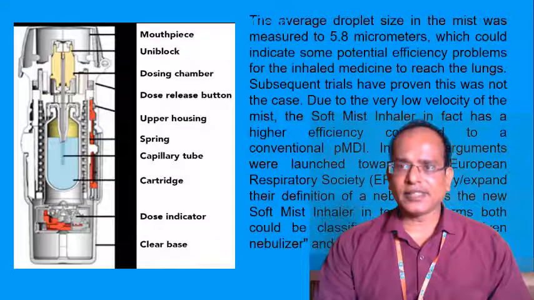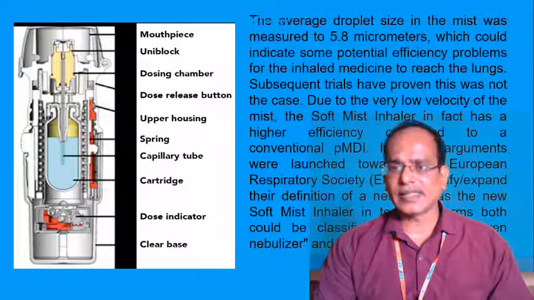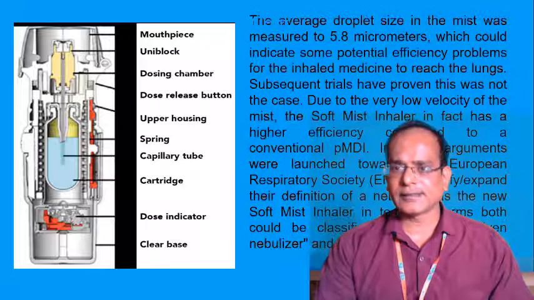So the average droplet size in the mist was measured around 5.8 micrometers, which could indicate some potential efficiency problems for the inhaled medicine to reach the lungs. Subsequently, trials have proven this was not the case.